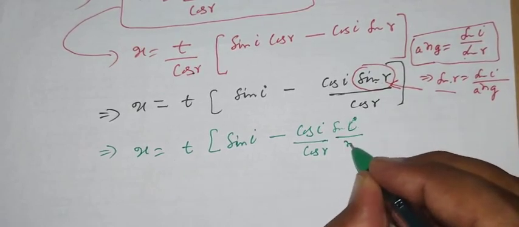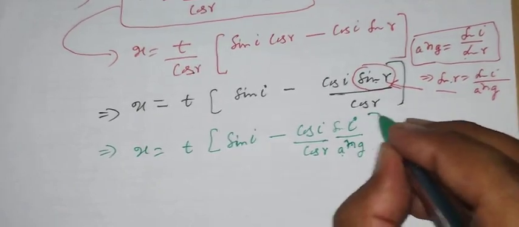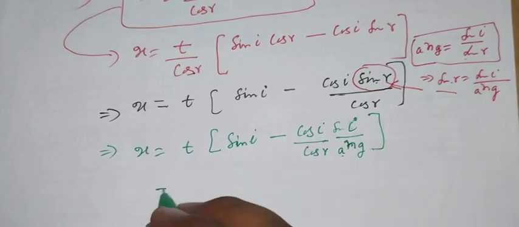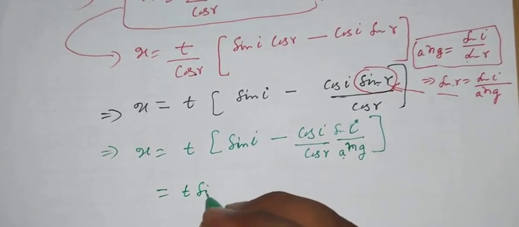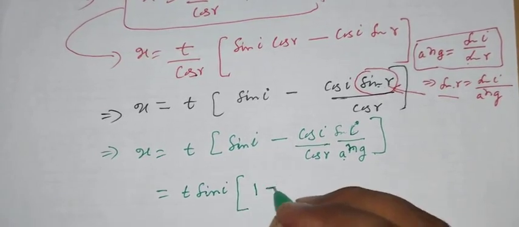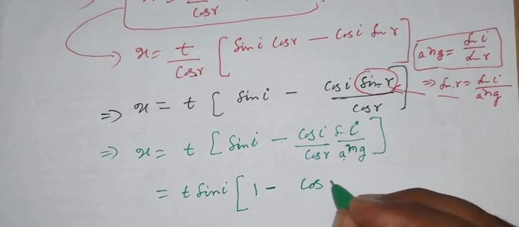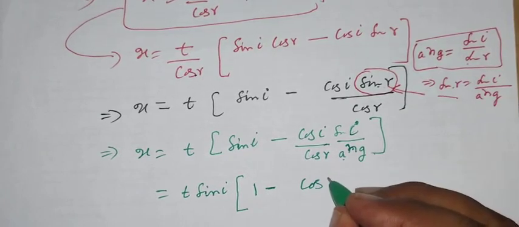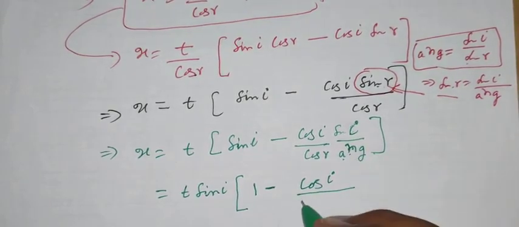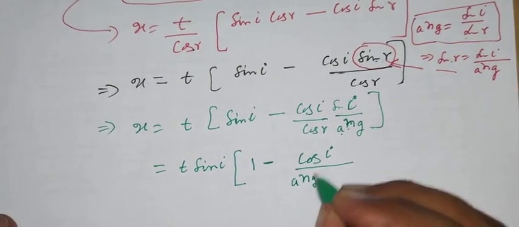We are going to place this value here. When we place this value, x is equal to T, sin I as it is, minus cos I as it is, by cos R as it is. In place of sin R, it is sin I by n, the refractive index of glass with respect to air. Sin I we may take common. This is equal to T sin I by 1 minus cos I by n, refractive index of glass with respect to air.